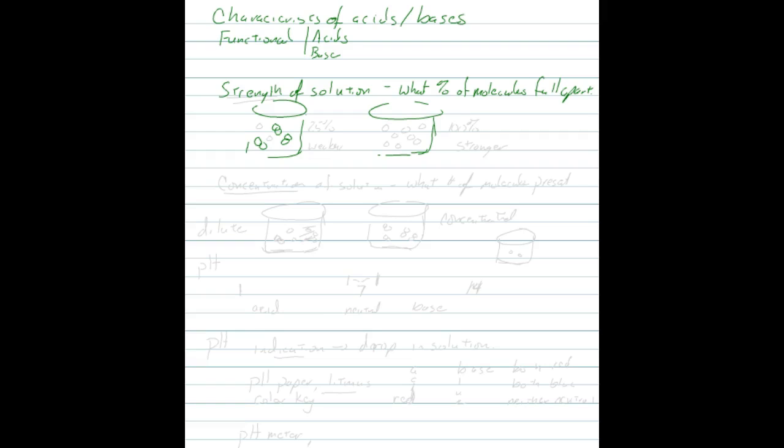So there you have three molecules and only one of them has fallen apart. Here you have the same number, 1, 2, 3, 4, 1, 2, 3, 4, same number of particles, but 100% has fallen apart. So this is only 25% has fallen apart.